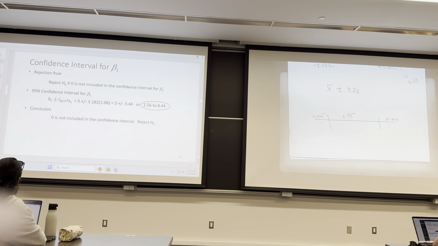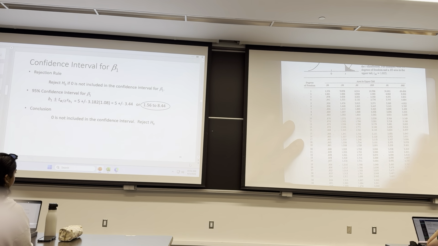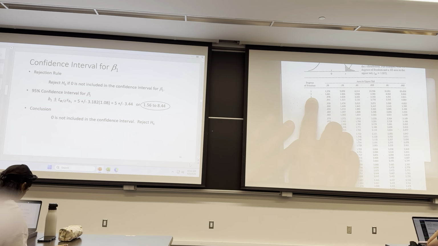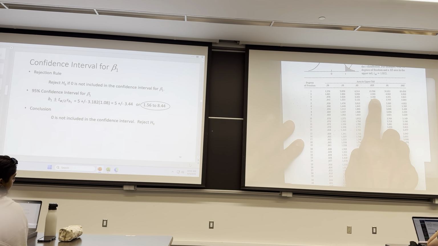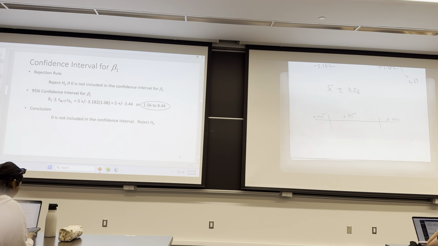You need to find the t-value with 3 degrees of freedom and 0.025. The t-value is 3.182. Let me show it to you again: 3 degrees of freedom and 0.025, t-value is 3.182. So for a 95% confidence level, your t-value is going to be 3.182.